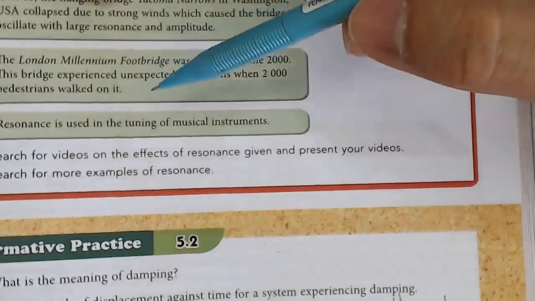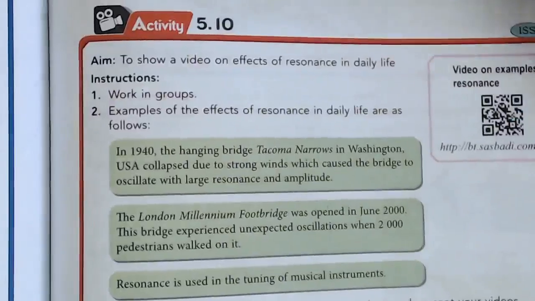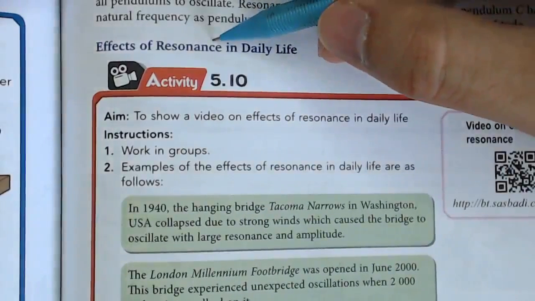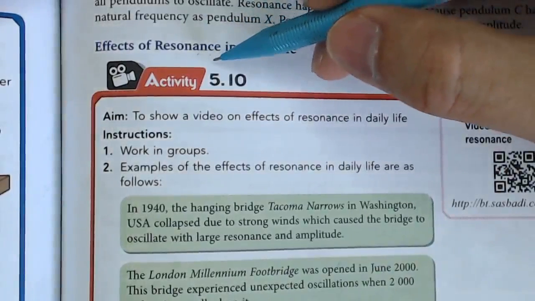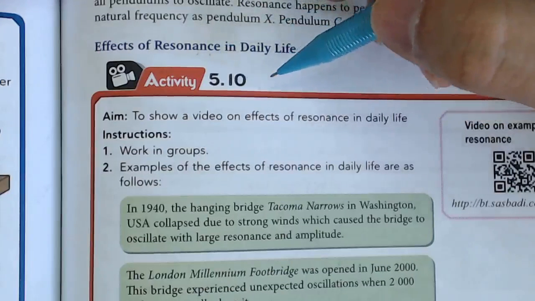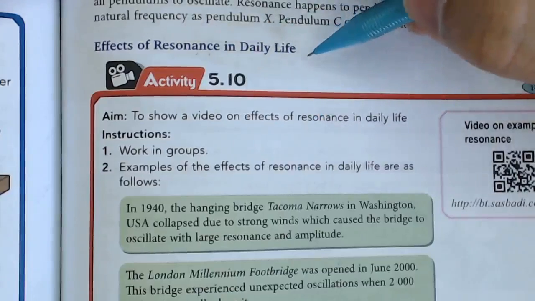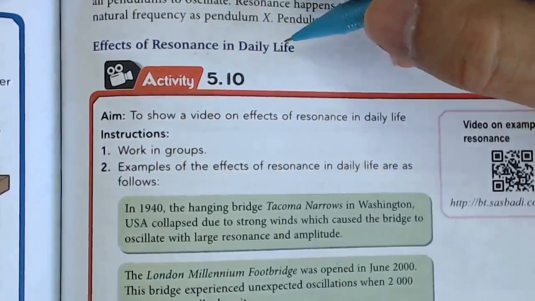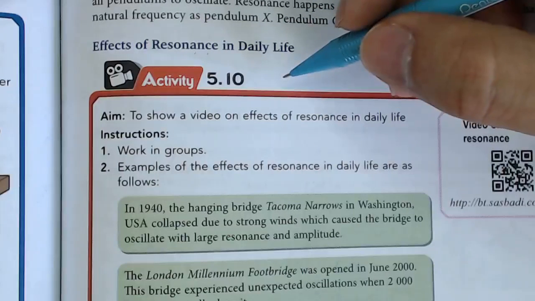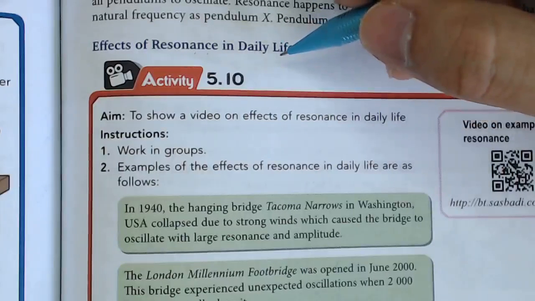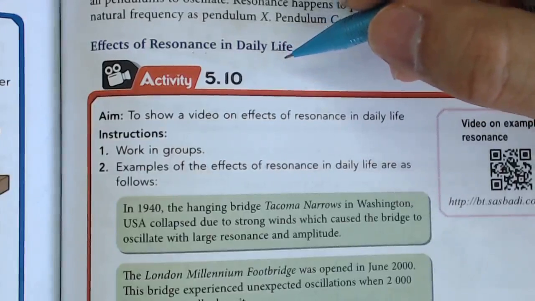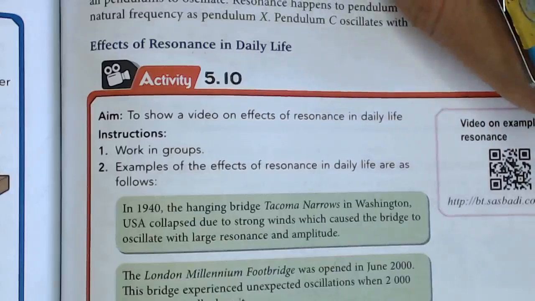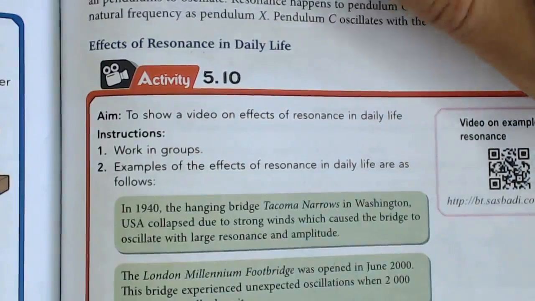This is the idea of the architects nowadays. They know about this resonance. When they have measured how tall the building they are going to build is, they must build a building which has a natural frequency not equal to the frequency of the earthquake.